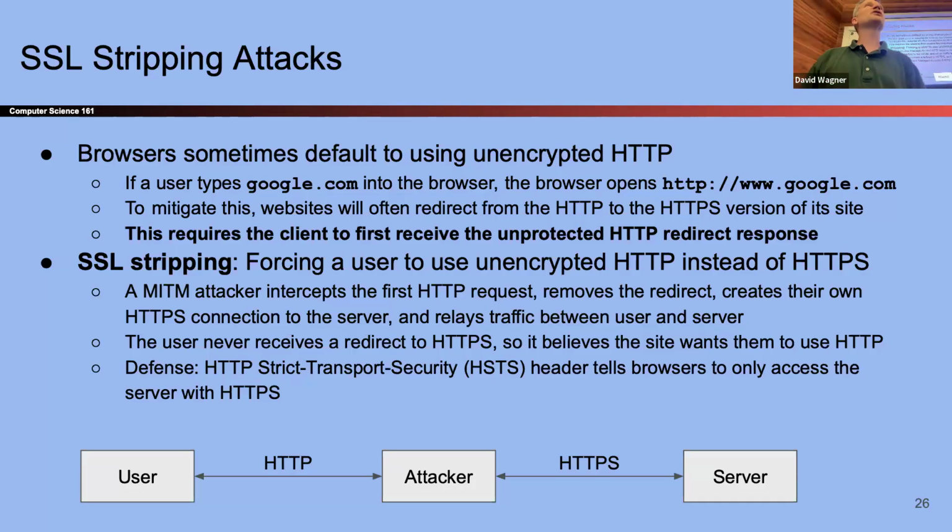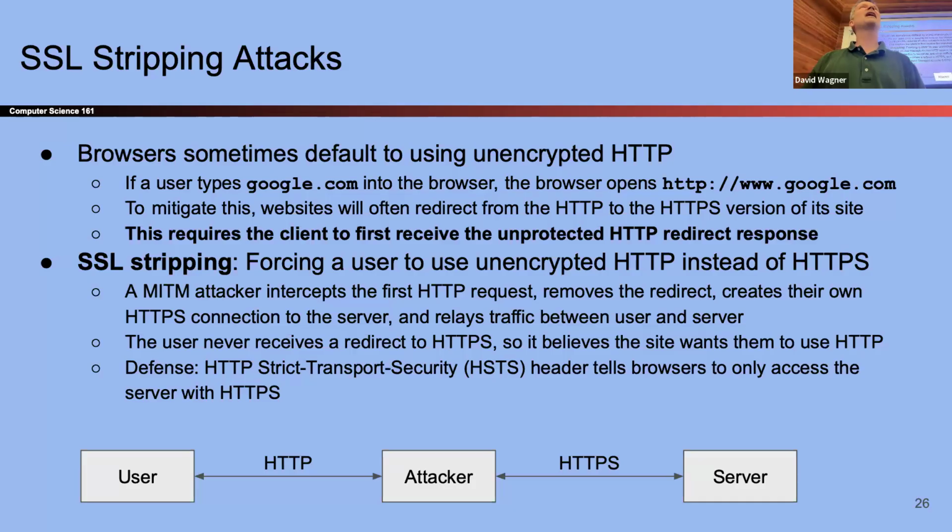And browsers are deploying defenses against this. There's a number of defenses. One defense is that if I've gone to the site in the past, it's probably in my history. So if I type amazon.com, it'll probably autocomplete to something in the history, and in the history will be https://. So my browser will automatically take me to the HTTPS version if I've been there before.